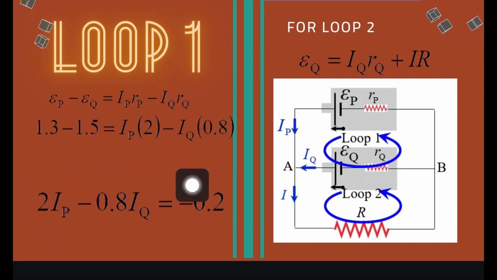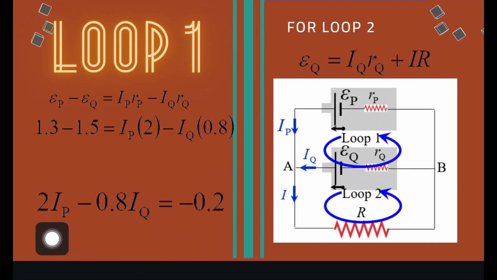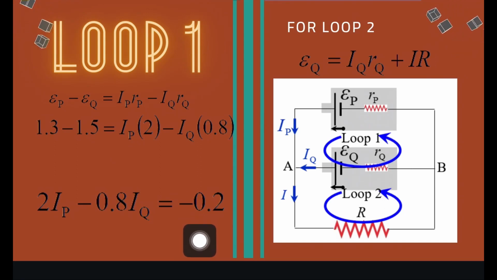We rearrange the equation to make it equal to the EMF, so it will be 2IP minus 0.8 IQ equals negative 0.2. So this is for loop 1.